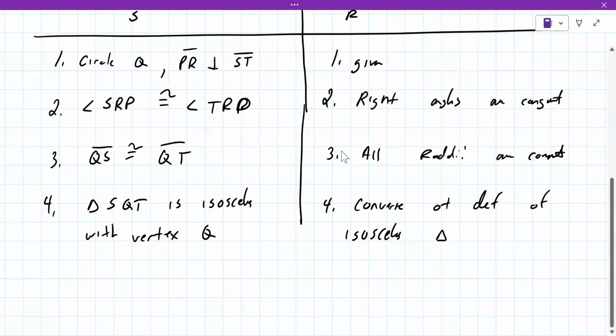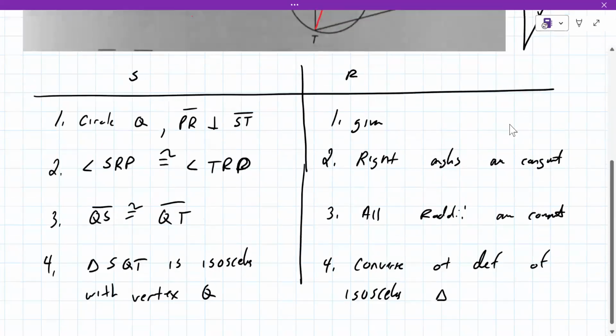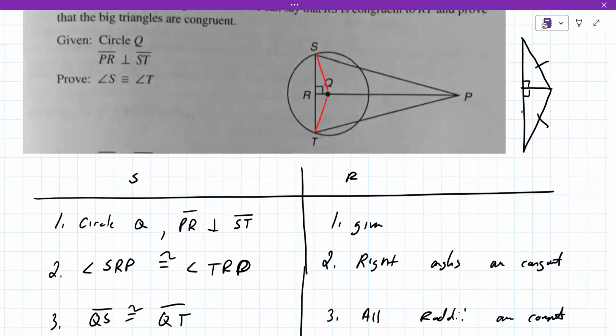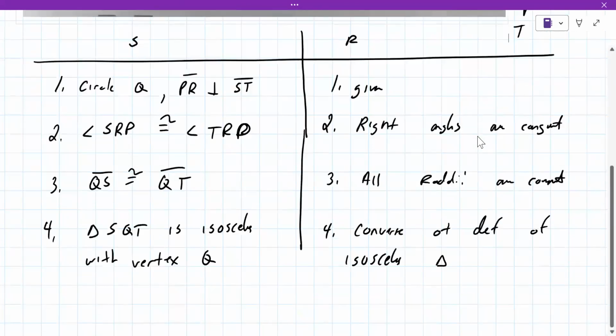That's a logic thing. So what that allows us to say is that this base angle here is congruent to this base angle, which is different than what we already said, but it's now RSQ is congruent to RTQ. So we now say the base angles are congruent.